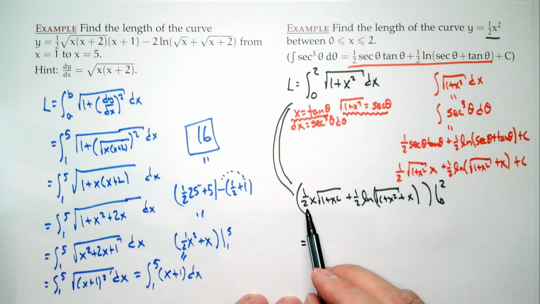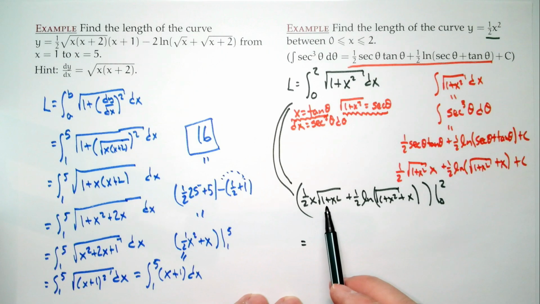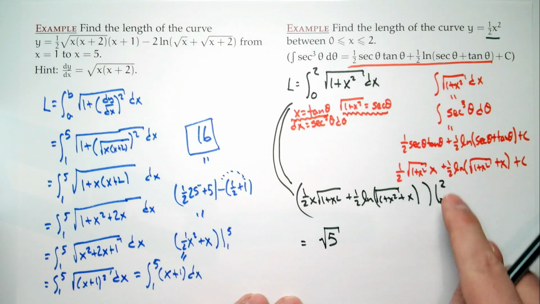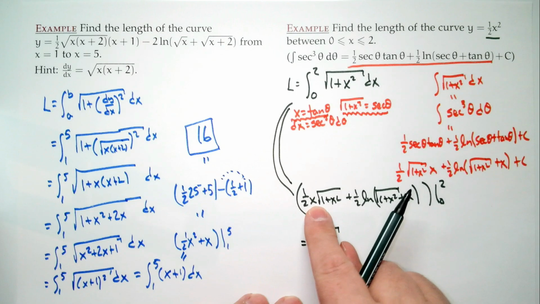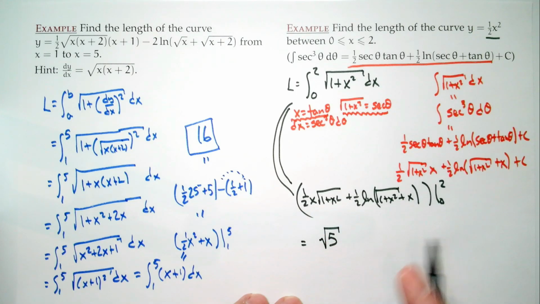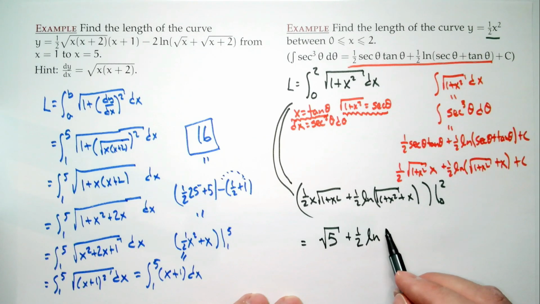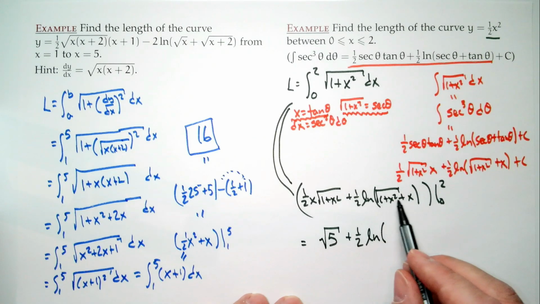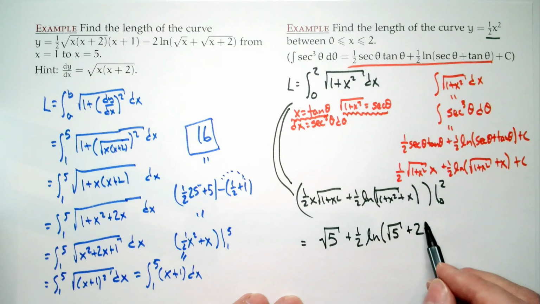Well, plugging 2 into the first term, 1/2 times 2 is 1, and the square root of 1 plus 2 squared becomes the square root of 5. Plus 1/2 natural log of, and the square root of 1 plus 2 squared is still the square root of 5, and then plus 2.